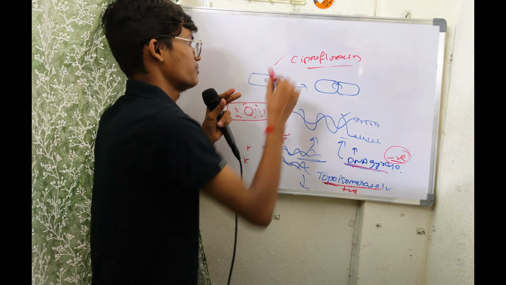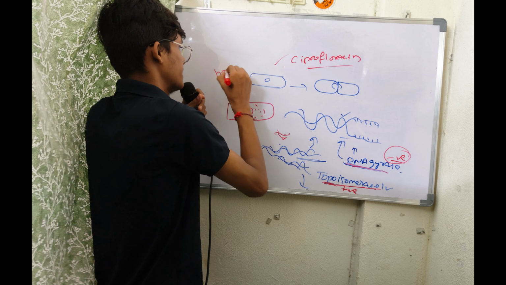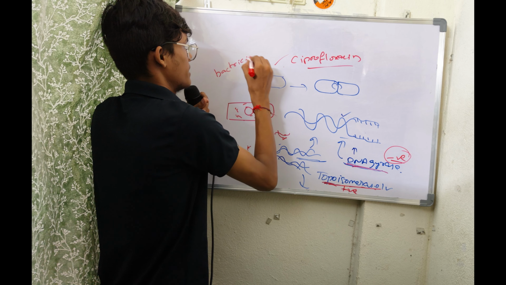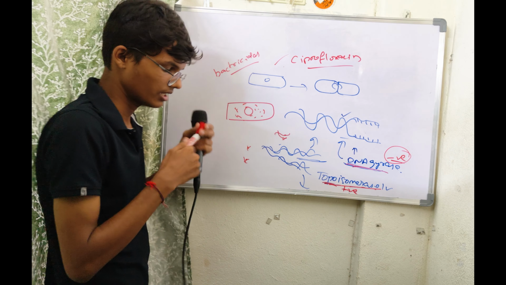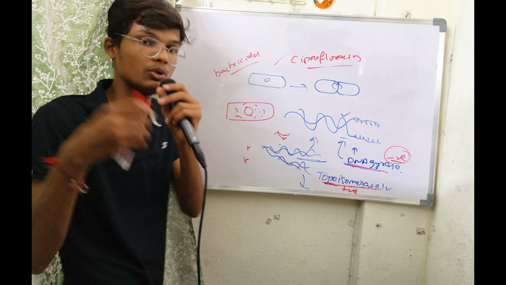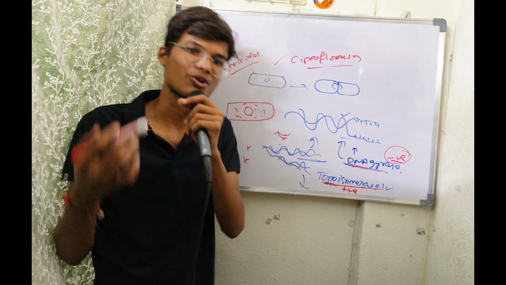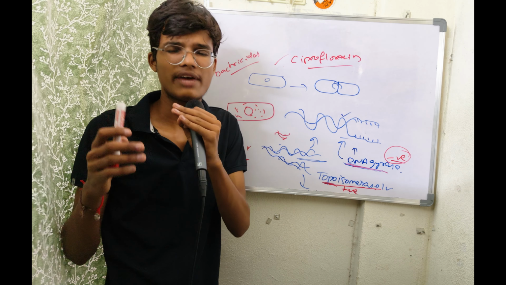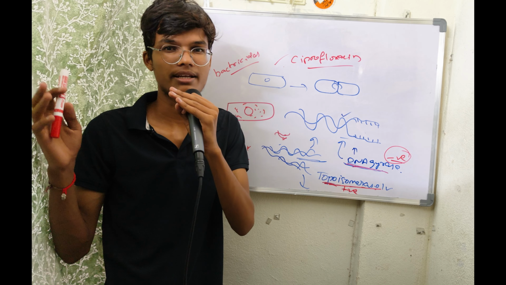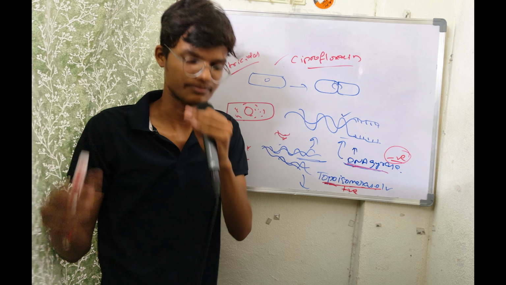So like that, ciprofloxacin is bactericidal. Now we'll know about the uses of ciprofloxacin, the adverse effects and the contraindications, and I will tell those in a very simple manner so that you will remember for sure.